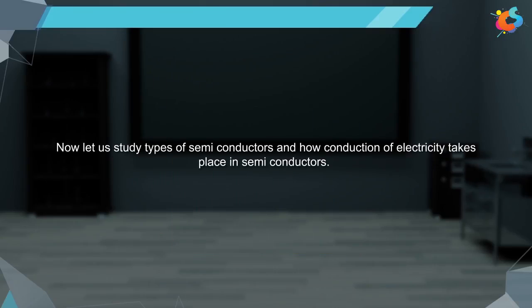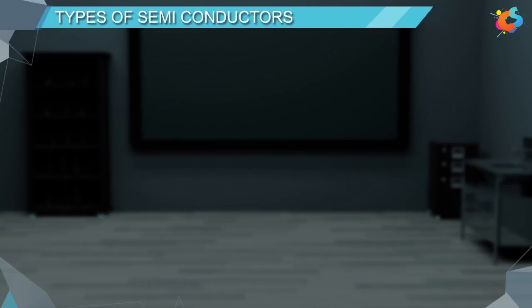Now, let us study types of semiconductors and how conduction of electricity takes place in semiconductors. Types of semiconductors. There are two types of semiconductors. Intrinsic semiconductors.